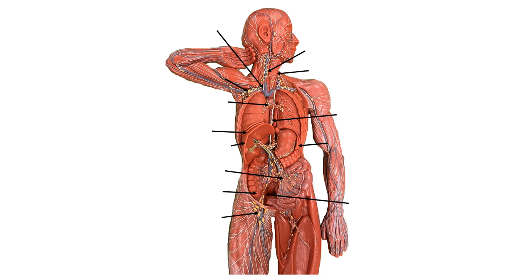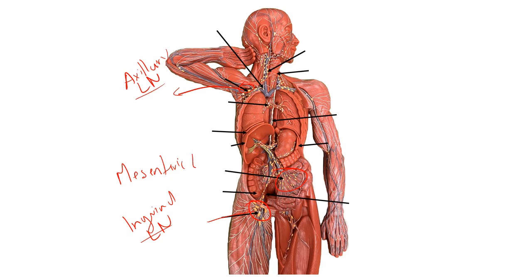All right, let's begin with the simple one, which will be the lymph nodes. We have here in the armpit, that will be this group, the axillary lymph nodes. The ones that are here in the inguinal region, inguinal lymph nodes. The ones that we have in the intestines are the mesenteric lymph nodes.